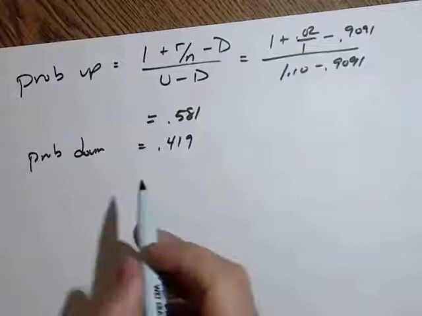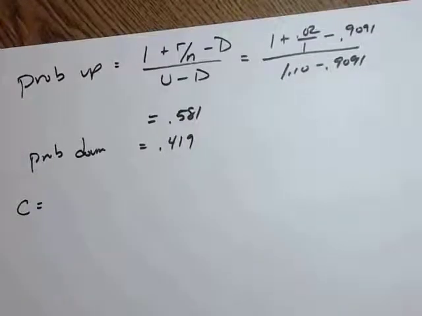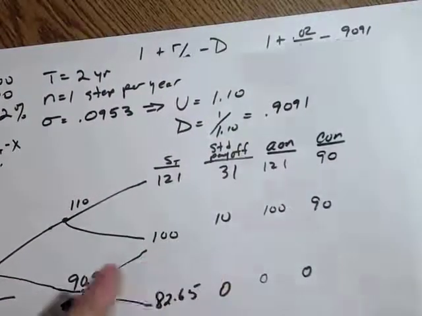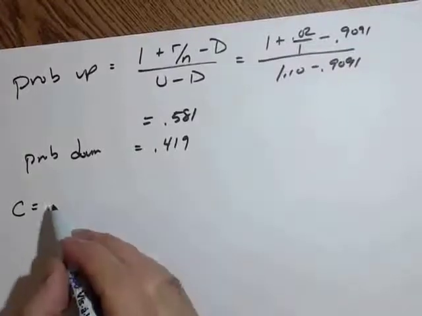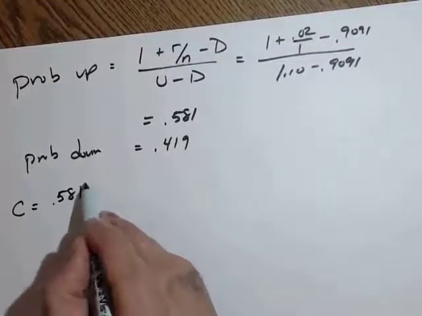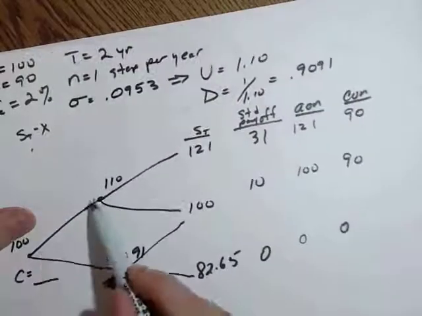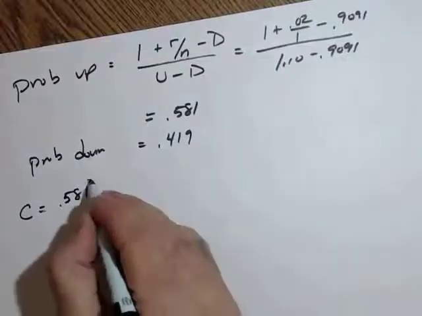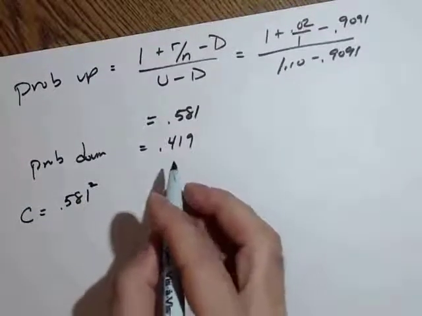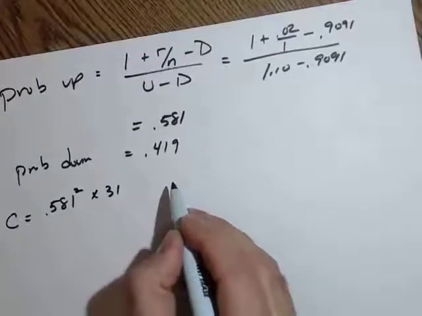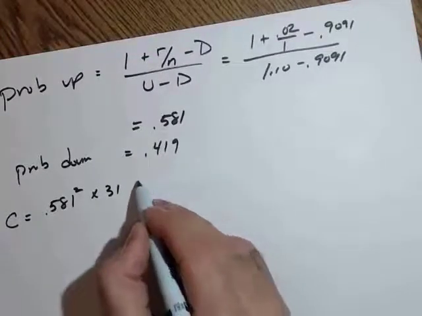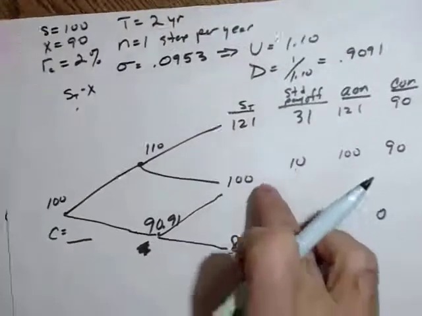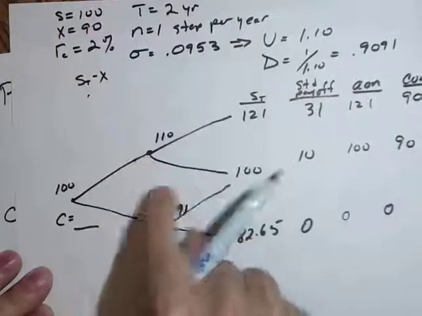Okay, from that we can discount all of these cash flows back and look at them a little more carefully. If we do the standard plain vanilla option, we'll discount the 31 and the 10 back. The probability of going up twice is 0.581 squared, times the 31, plus, there are two ways to get to this $10 for the standard payoff, going up then down, or down then up.